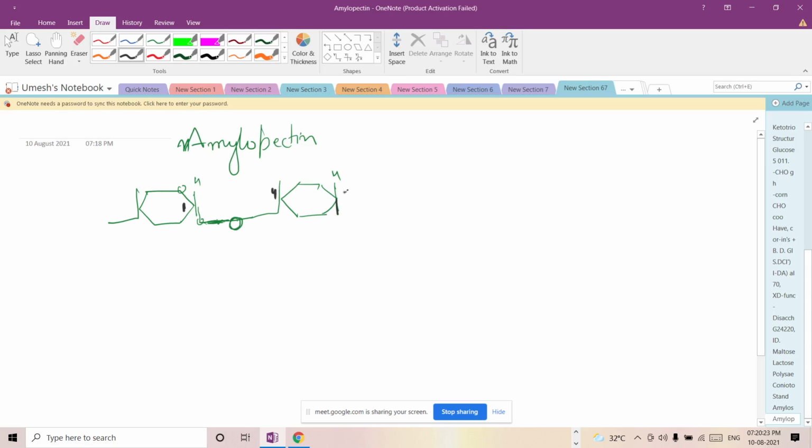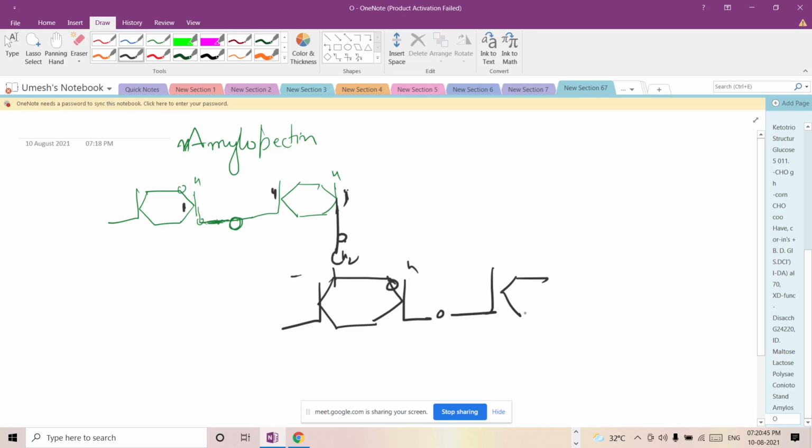But now C1, C4, then C1 with the C6 of another molecule. Now let us see the next molecule here. Here we have a CH2OH. They link and join here, right? And so on. It is joining with the long chain here, a continuation. But at a certain point, C1 and C6 combination takes place here.